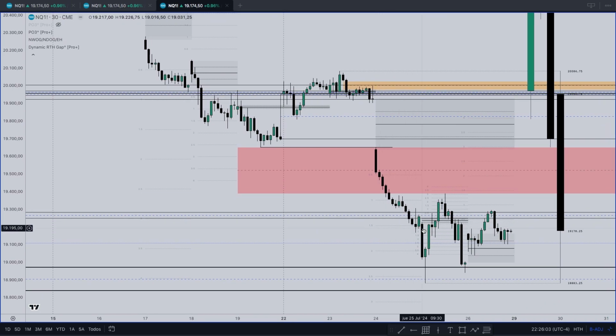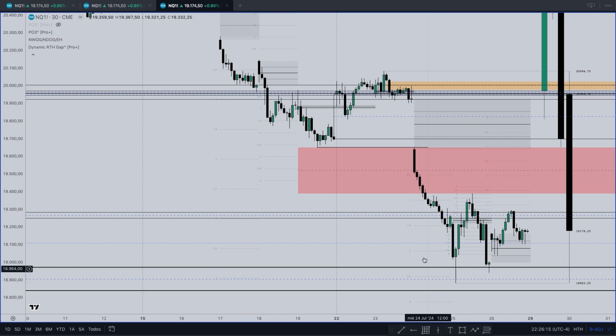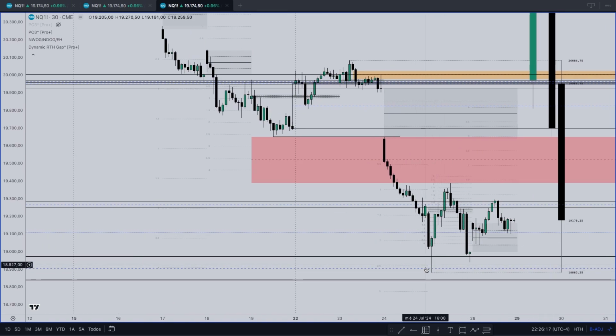And then on Thursday we gap lower below this new week opening gap. We move lower here to induce more sells into the market, and then we take this little imbalance, this buy side liquidity here.